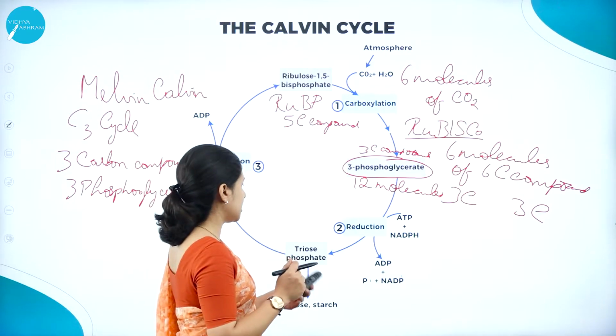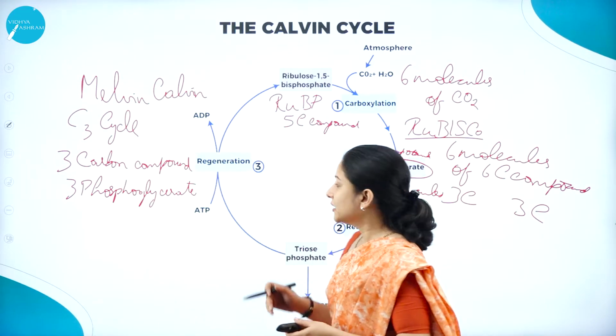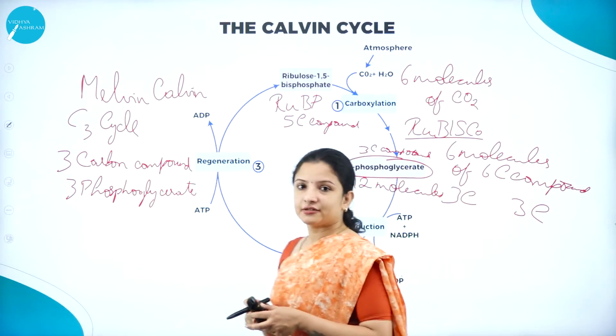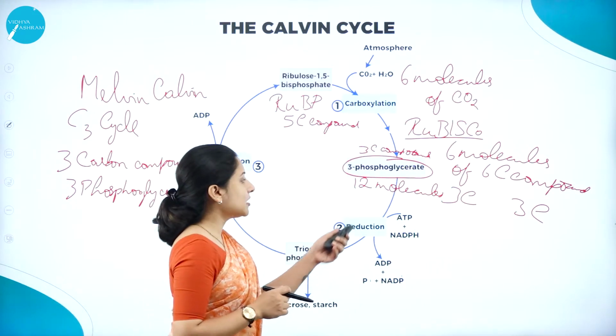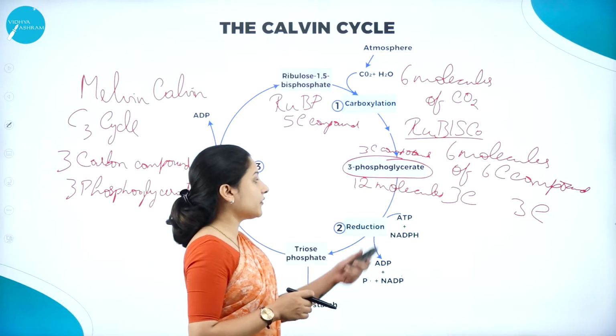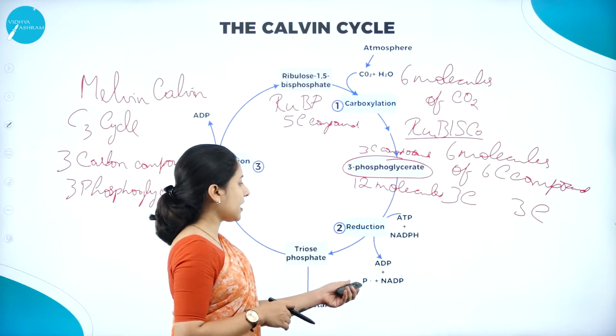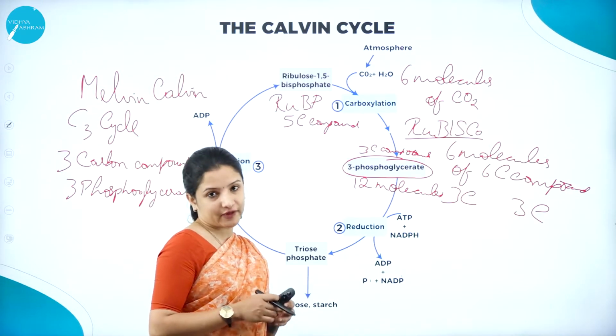Now these 12 molecules of 3-phosphoglycerate have to get reduced into a triose phosphate. In this second step, reduction, they make use of energy from ATP, which combines with NADPH to form ADP, and one inorganic phosphate gets added.